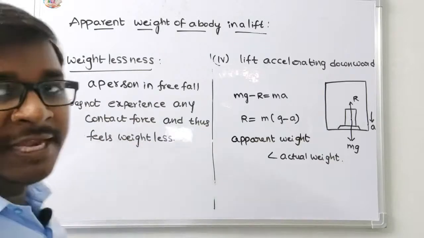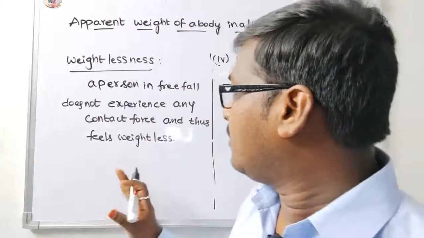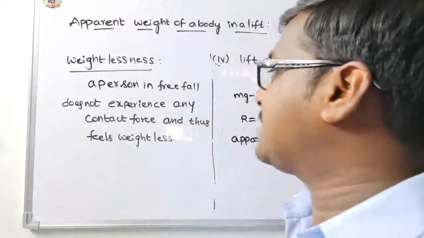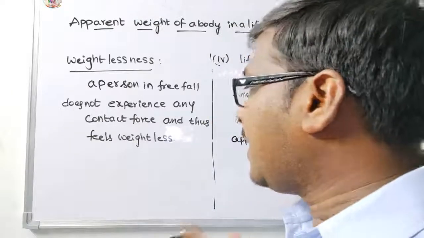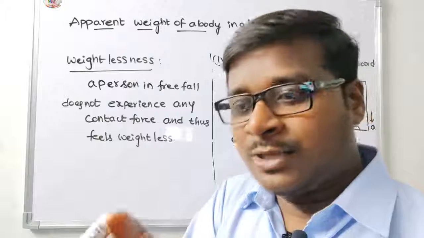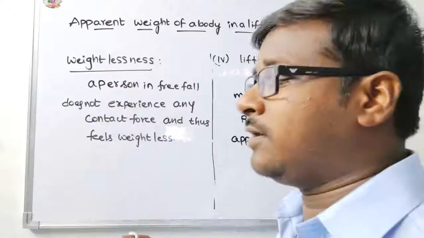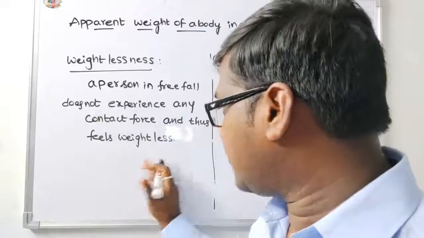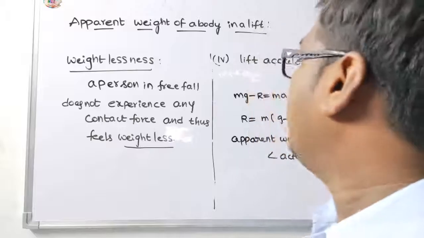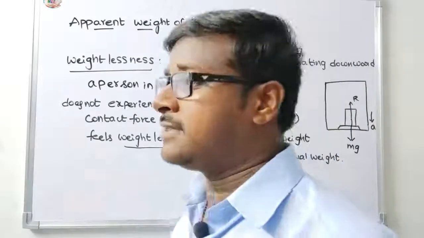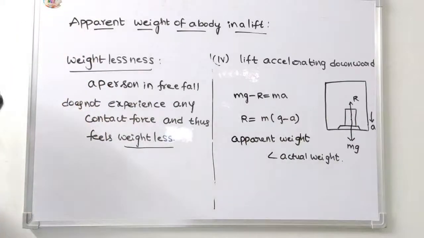For example, a person jumping from a certain height of a building does not experience any contact force acting on them. They feel weightlessness, very low weight. This person is weightless. This is the concept of apparent weight of a body in a lift.